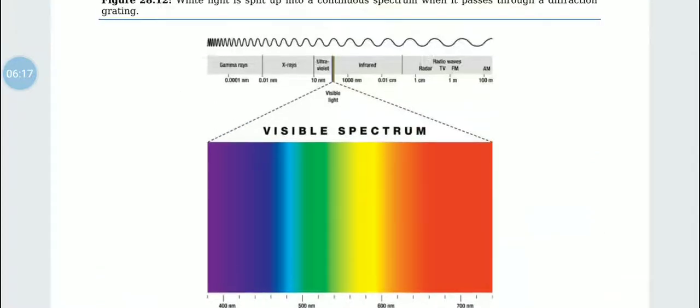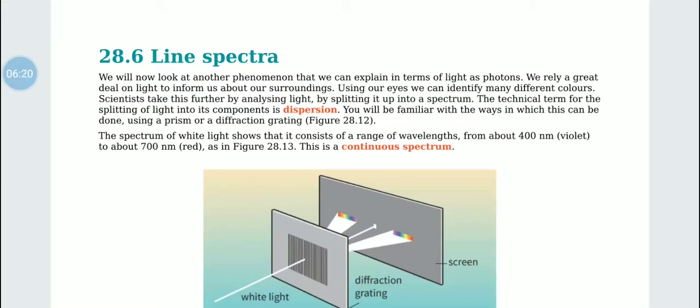Let's write down a note, then you will be able to understand it better. Write down line spectra. When white light passes through a prism or a diffraction grating, light can be split into its component colors.